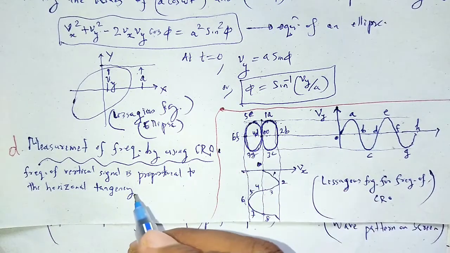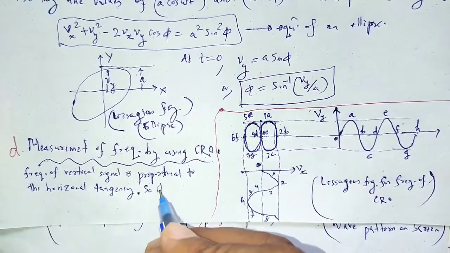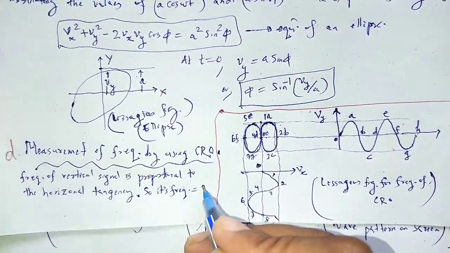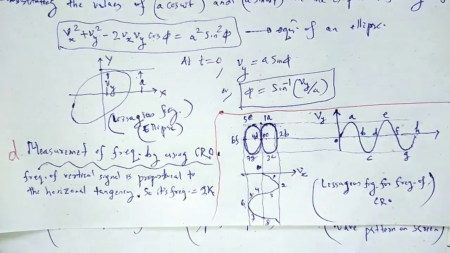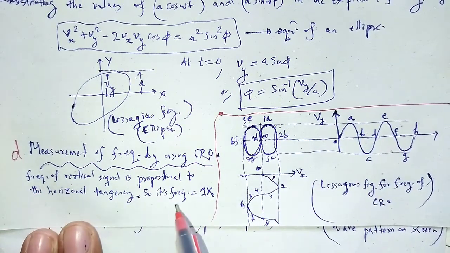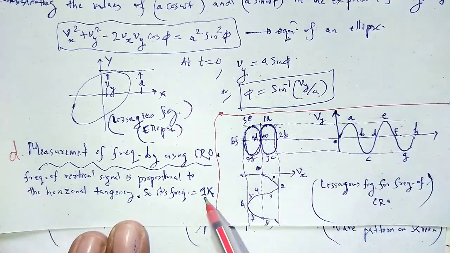So the frequency of the vertical signal, that is, the frequency of the horizontal plate, is 2k.